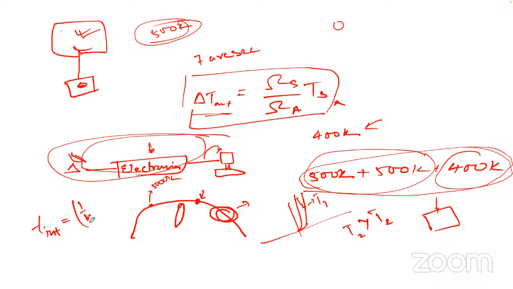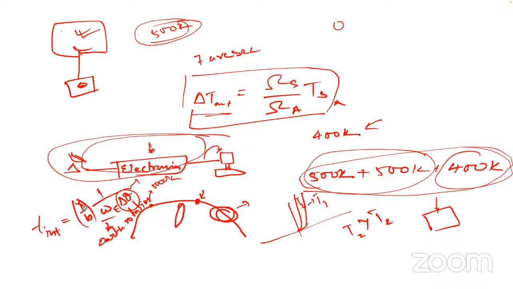So 1 by B, where B is the baseline, and 1 by omega E delta theta, where omega E is the Earth rotation, and delta theta is whatever your source size is which is given, or half of the source size, whatever source size is mentioned in the question.